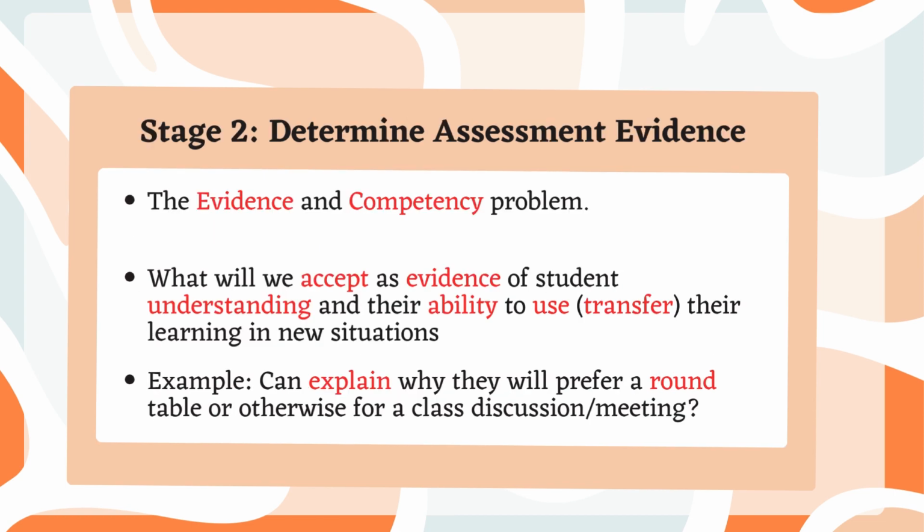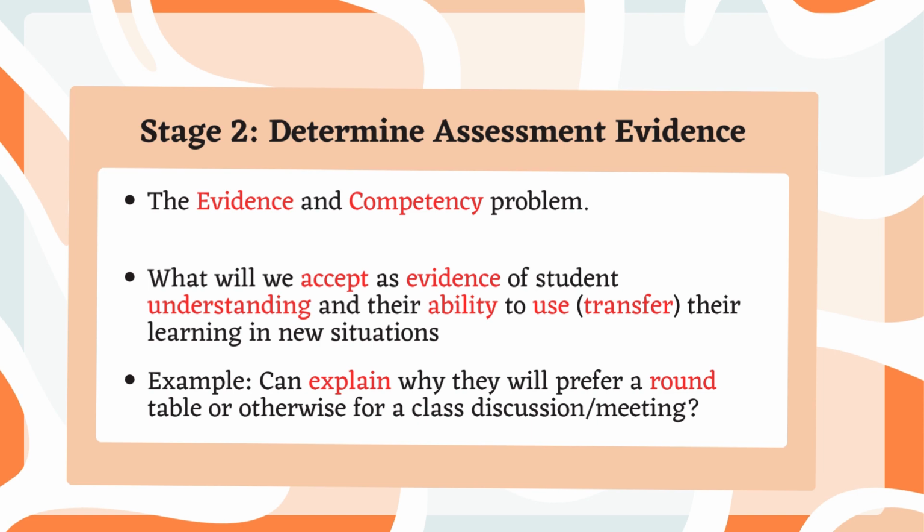The second stage is determine assessment evidence. This tries to answer the evidence and competency problem. What will be the acceptable evidence and competency that learners have to show for us to really agree that they have gone through such an instruction?